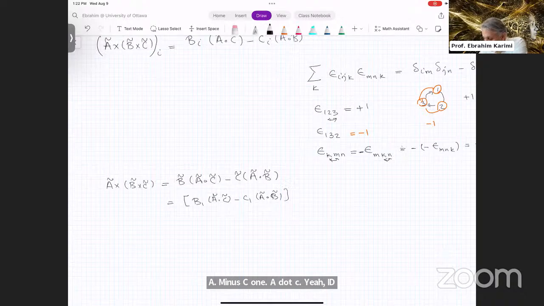That's what we call it X hat. And the same way you write it for Y hat, the same way that you write it for the Z hat.